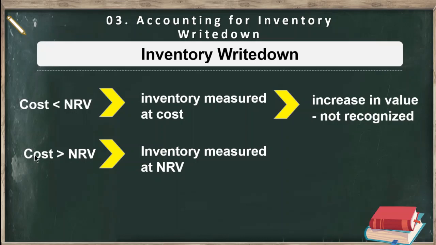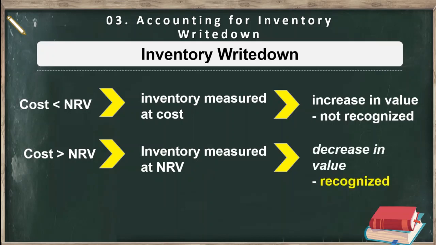We need to adjust the cost and bring it down to the net realizable value. That's why it's called inventory write-down. As a result, there will be a decrease in value from the cost down to the net realizable value, and that will be recognized.